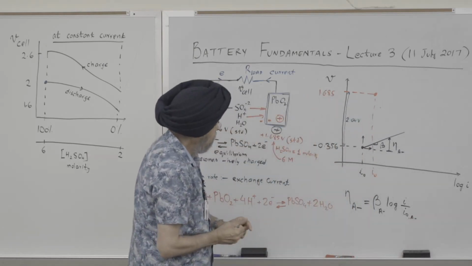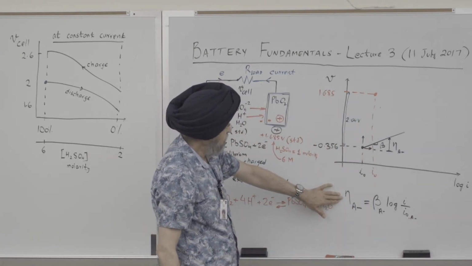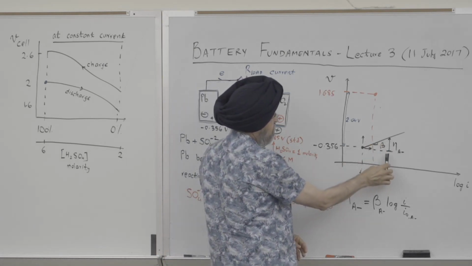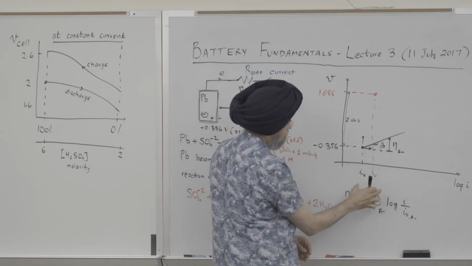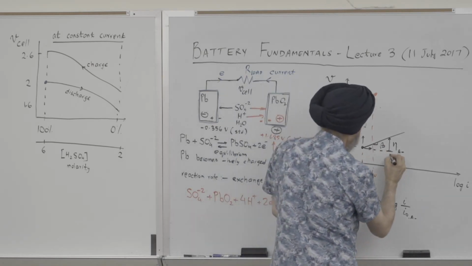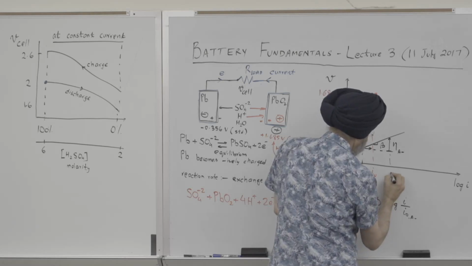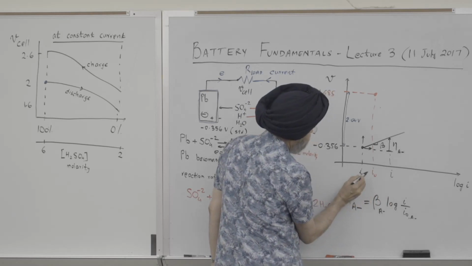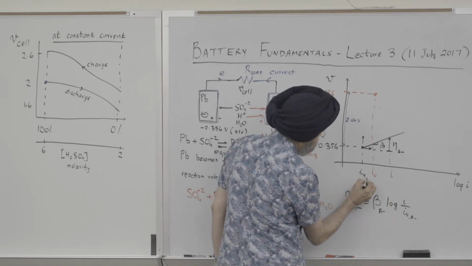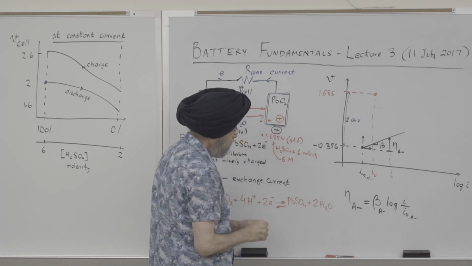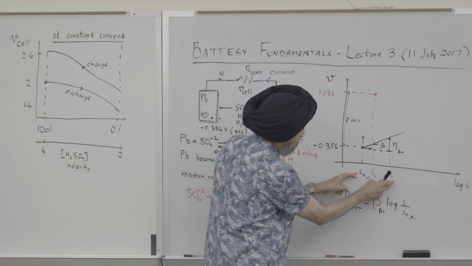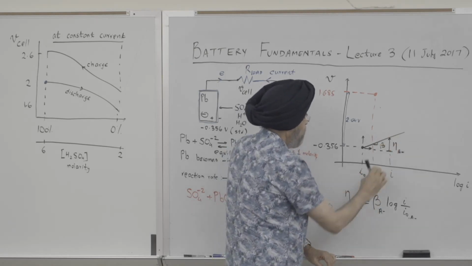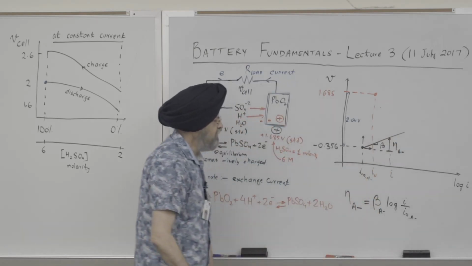So basically what we're saying is that this upward motion of this point depends on this current. The current right now is this current I. So we take this current I, divide that by I naught anodic, and take the log of this ratio, and that results in this height. In other words, this is the slope of this line.